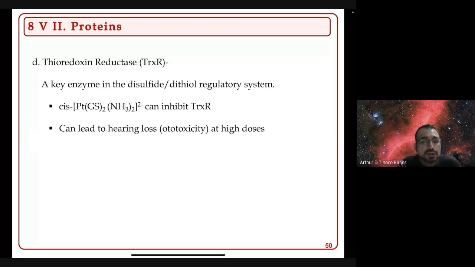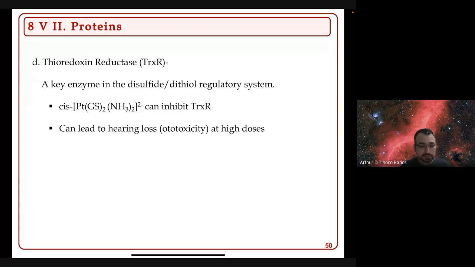You also have the effect that platinum can have on the thioredoxin reductase system, the TRXR. We're actually going to go back to this cellular target in a moment for another metal, gold. This is a key enzyme in the disulfide-dithiol regulatory system. It plays a very significant role in helping to regulate the formation of reactive oxygen species within the cellular environment.